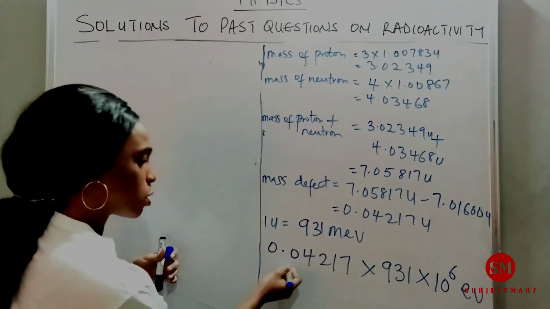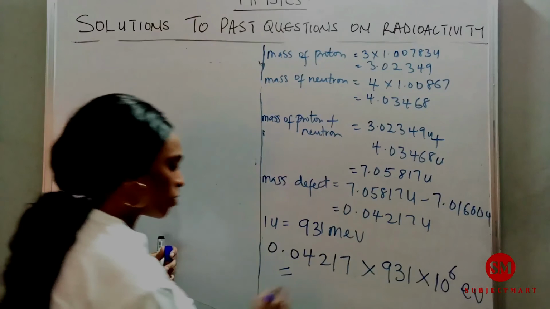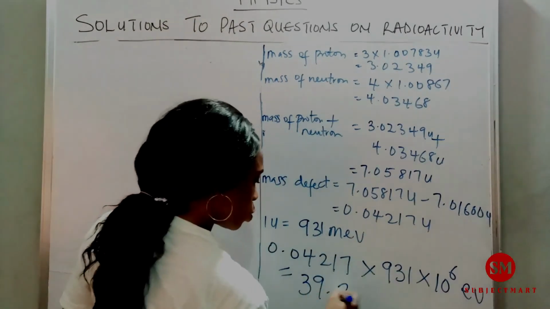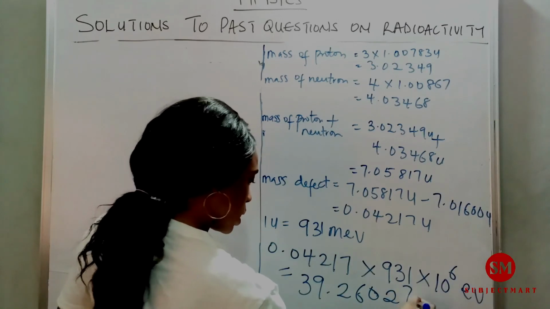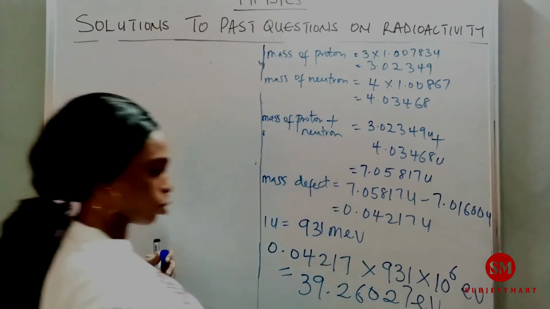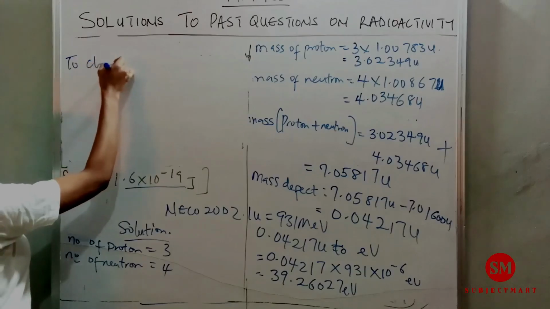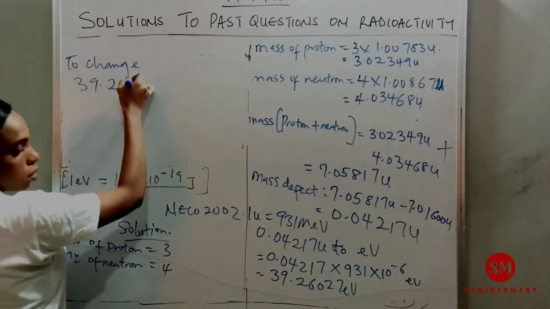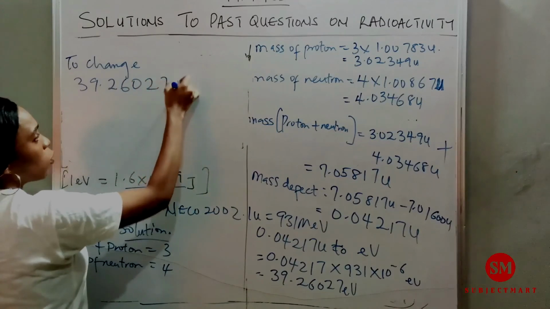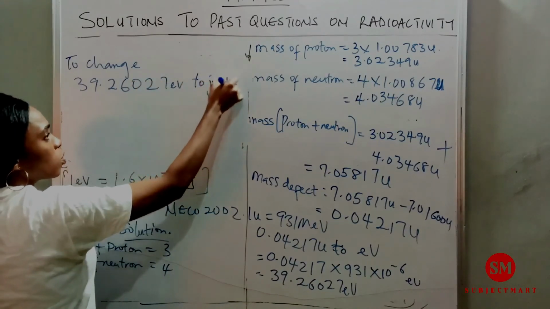So by the time we multiply that, that will give me 39.26027 MeV. Now convert 39.26027 MeV to joules.